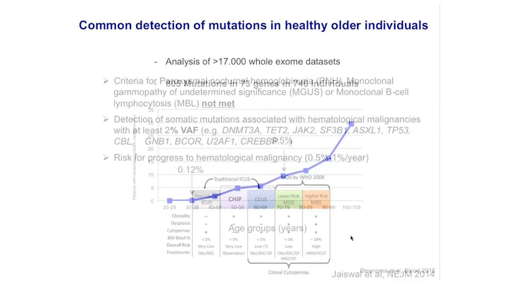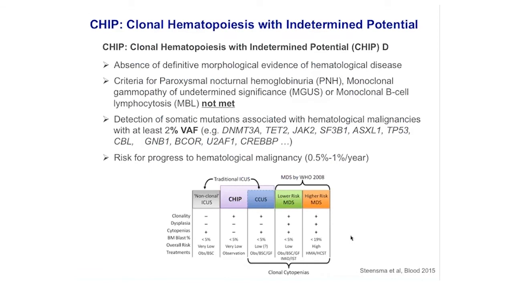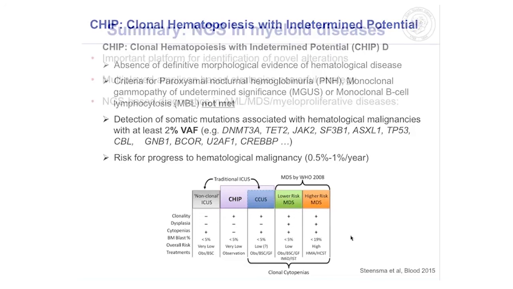And this is not disease. This is so-called CHIP, or clonal hematopoiesis with indeterminate potential. So in the absence of definitive morphological evidence of a hematological disease, these alterations are not indicating the presence of a hematologic malignancy and should just be kept in mind. This can be associated with very normal outcome and is only representative for disease if there is additional evidence based on morphology or other biomarkers that there is a disease present.